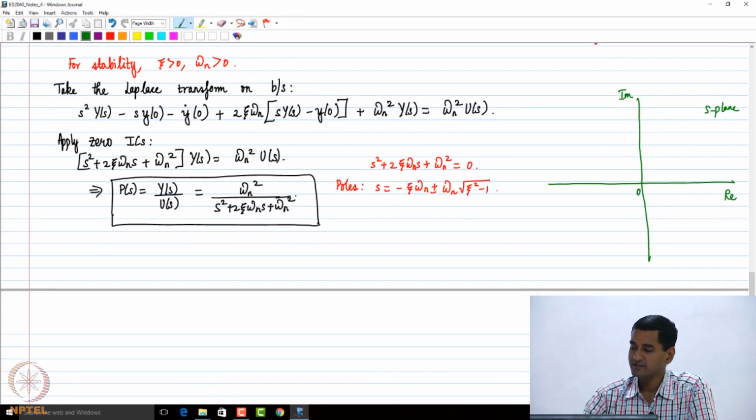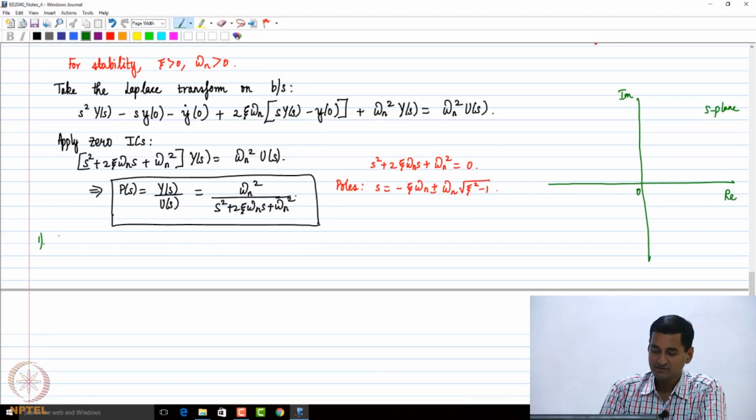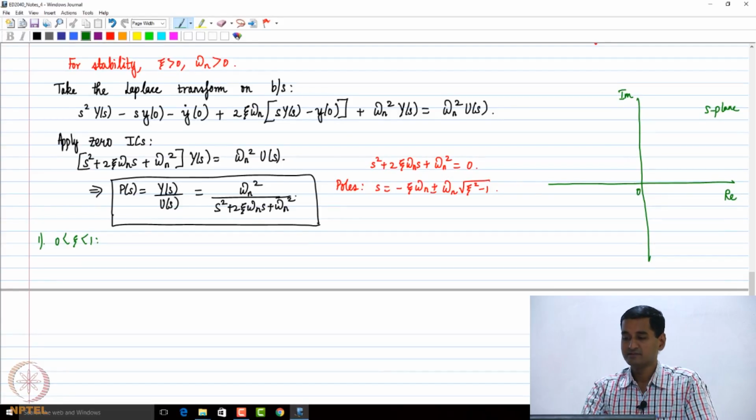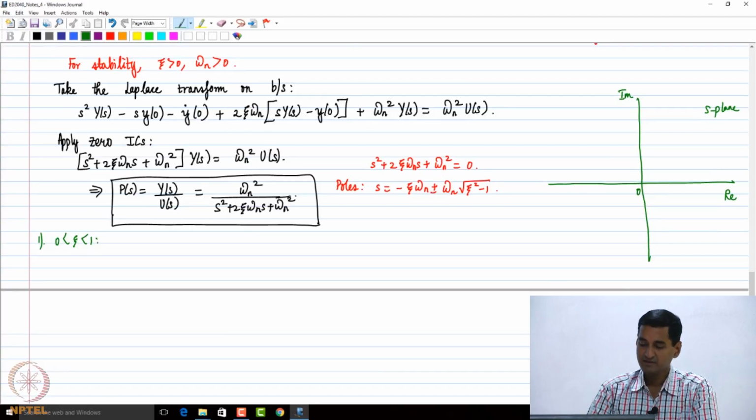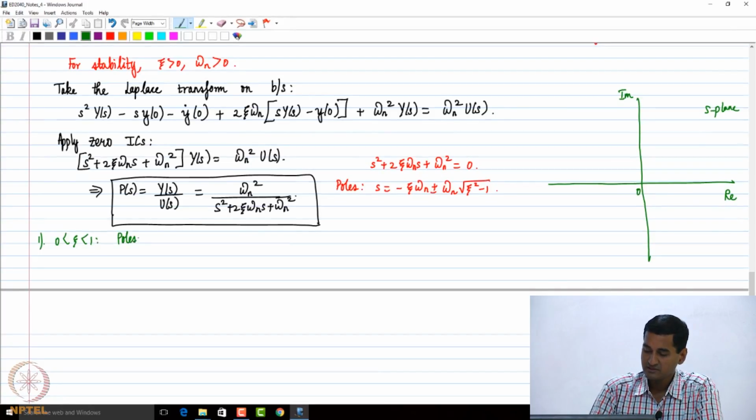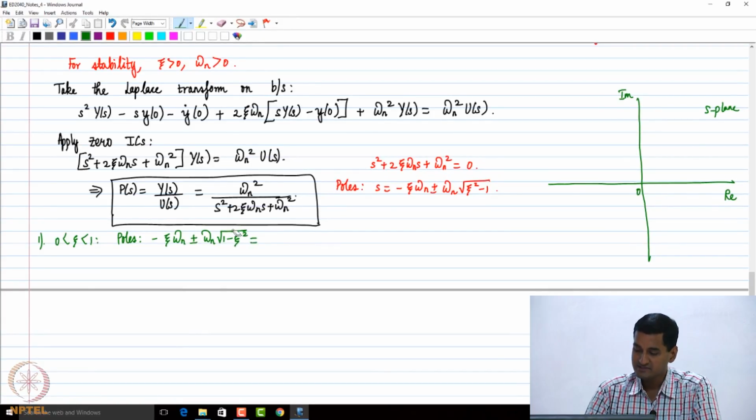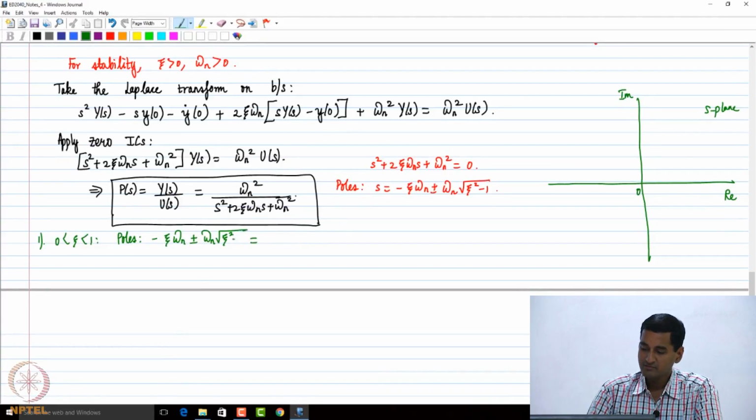If we have the value of zeta between 0 and 1, we would have the poles to be complex conjugate, because the poles will still be at minus zeta omega n plus or minus omega n times square root of zeta squared minus 1, but zeta squared minus 1 is going to be negative now.